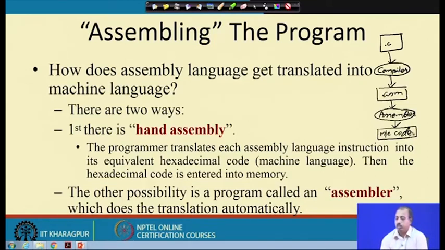If you write directly in assembly language, you do not need the compiler part. You can start straightaway at this point, run the assembler and get the machine code.